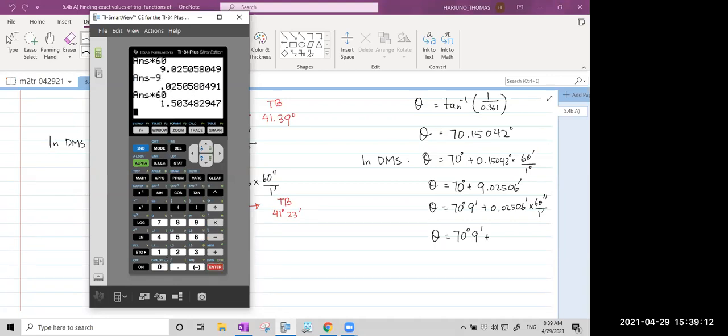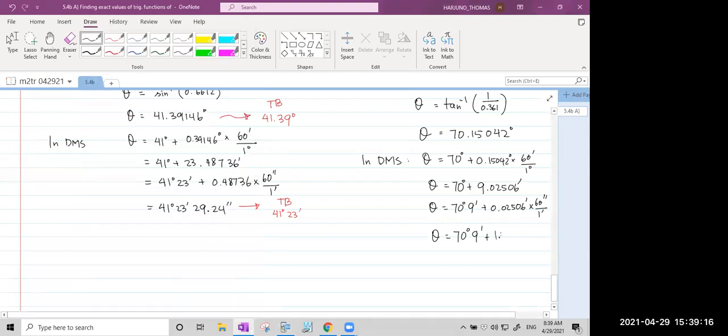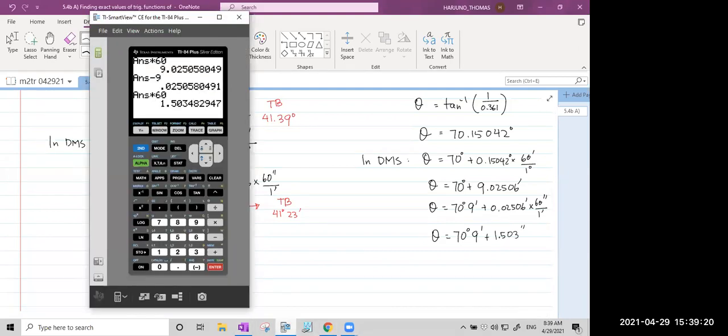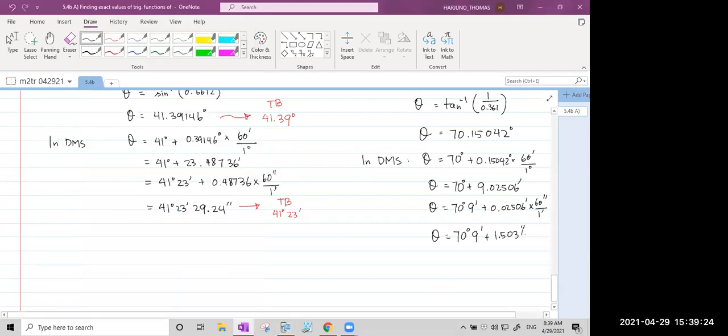That's 1.503 seconds, is it right? 1.5348 seconds. So in DMS, that will be 70 degrees, 9 minutes, 1.53 seconds.